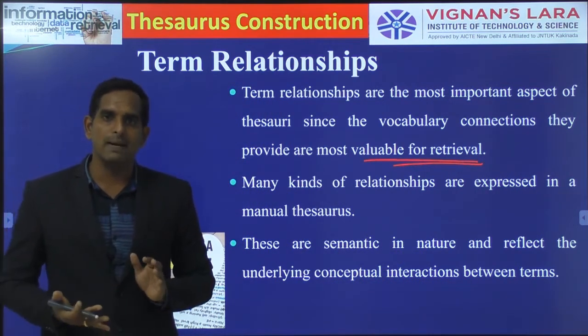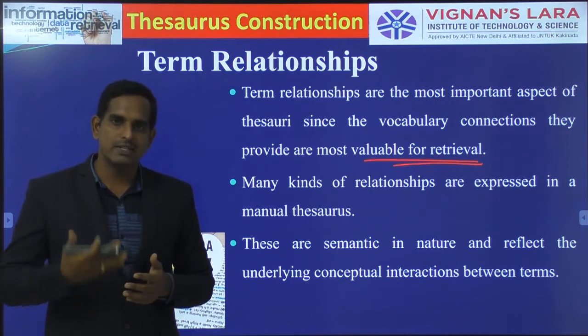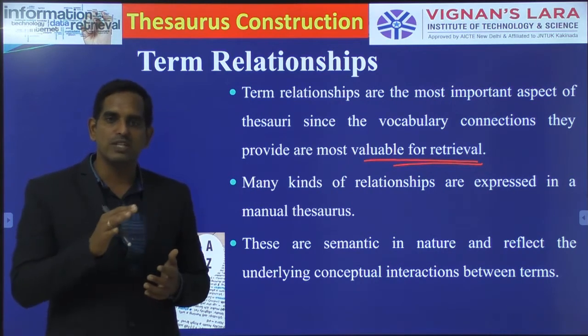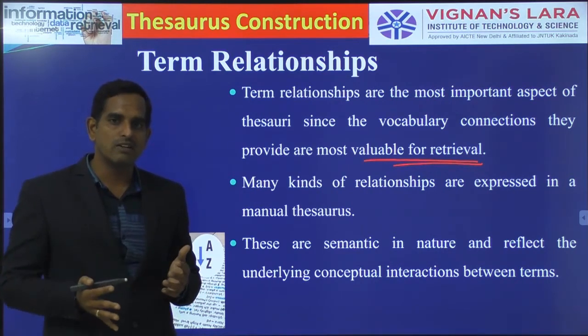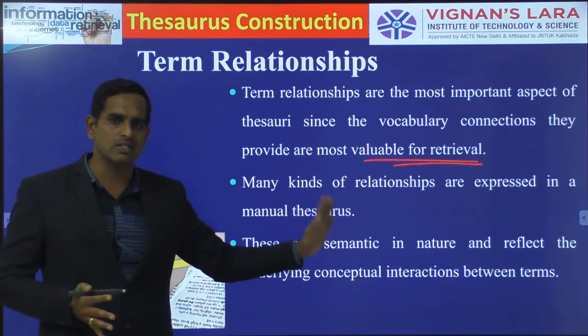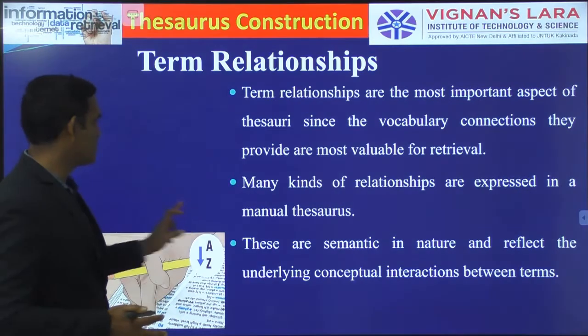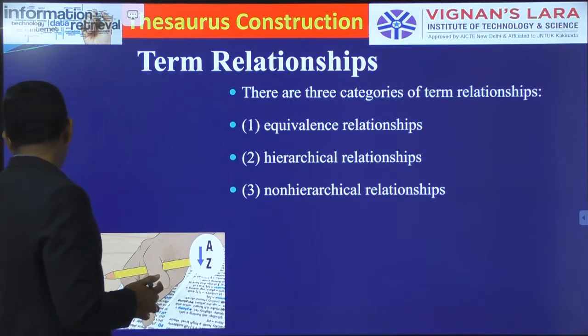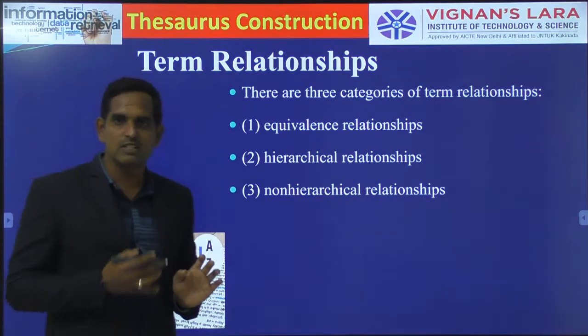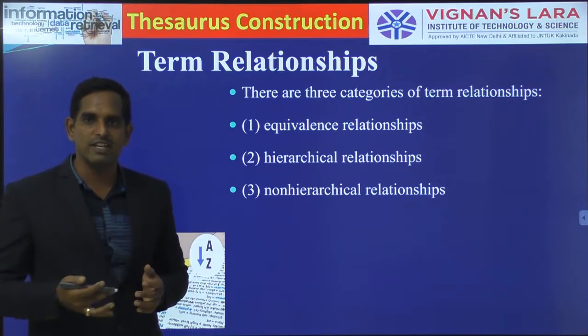Based upon the applications, the connections between the terms will be done manually in the manual construction of your thesaurus. The same thing, if you want to implement using an automatic thesaurus, will be very complex.